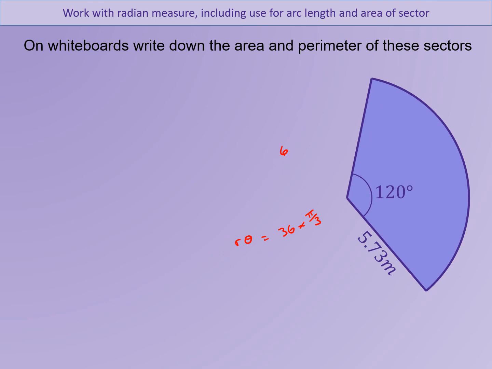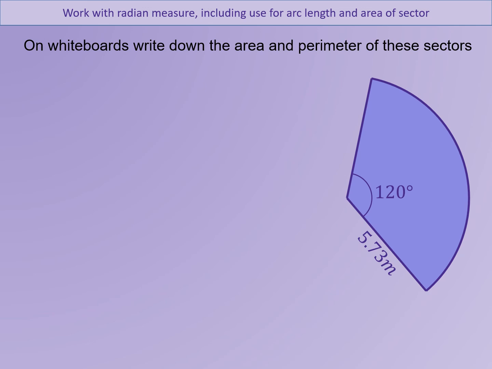Finally, for the third sector, again, pause the slide and calculate the area and the perimeter. So here we know we have 120 degrees. 120 degrees needs to be converted into radians before we use the formulas.